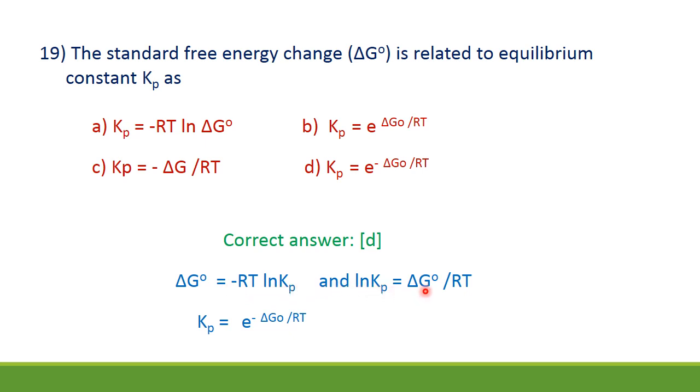That will be equal to minus delta G0 by RT. இதை லாக்கிறதம் மூவ் பண்ணா that will give e power of minus delta G0 by RT. Kp will be equal to e power of minus delta G0 by RT. This is the correct answer for the question. Option D is the correct answer.